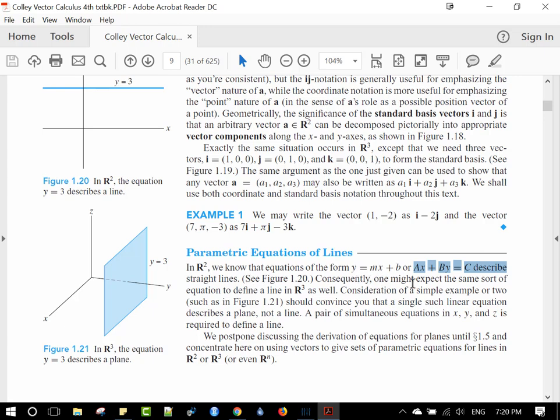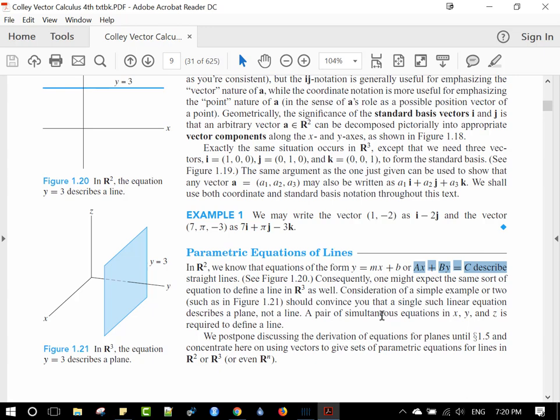Consequently, one might expect that the same sort of equation defines a line in R3 as well. Consideration of a simple example should convince you that a single such linear equation describes a plane, not a line. A pair of equations in x, y, and z is required to define a line.